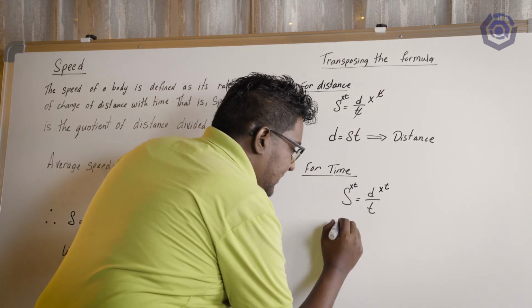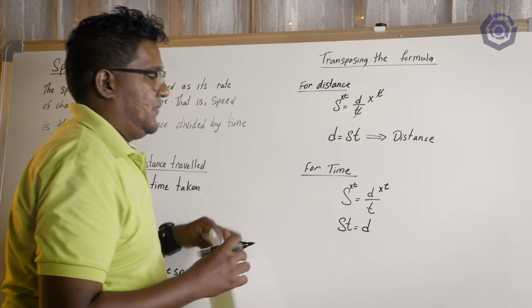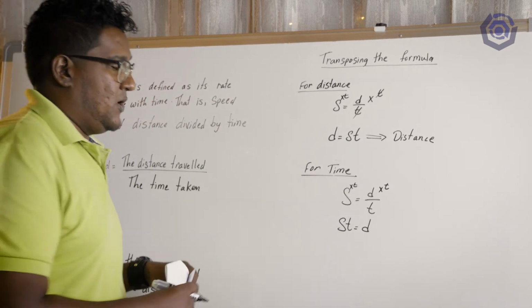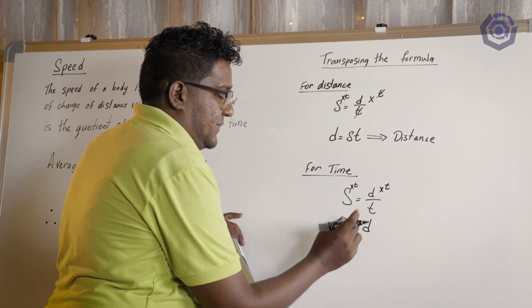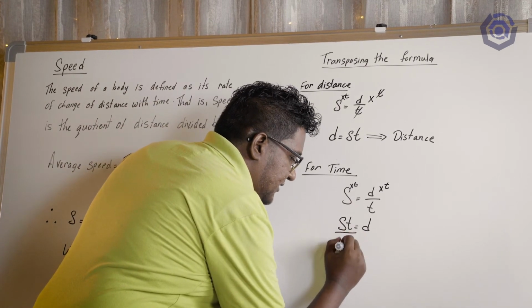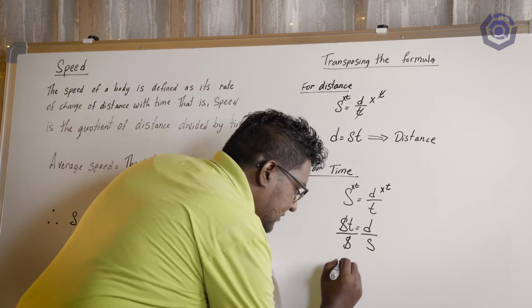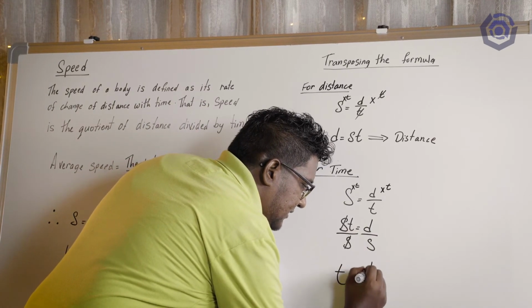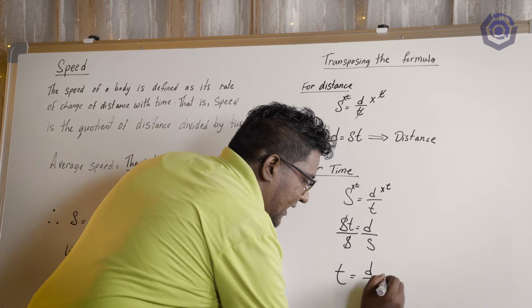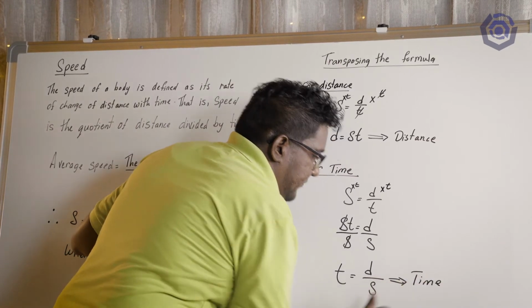So we end up back with st is equals to d. But I don't want st, I want t alone. So the operation here is multiplication. In order to move the s, we have to divide it out. So we divide by s and we divide by s. This and this goes. So t is equals to distance divided by average speed. And this is the formula we use to find time.